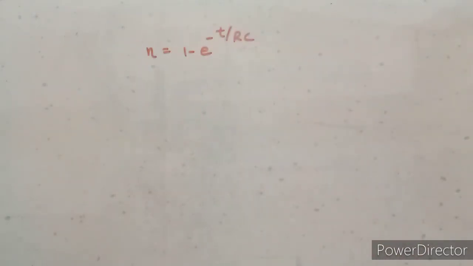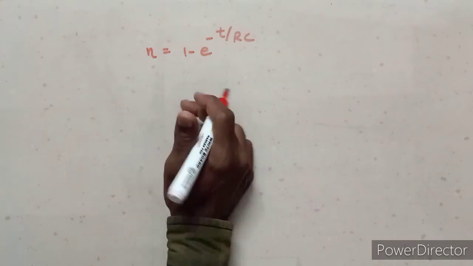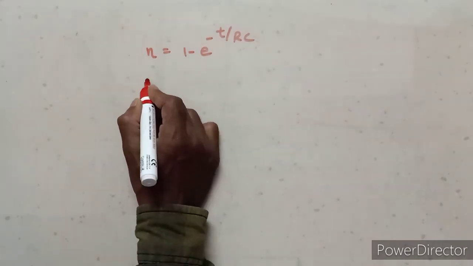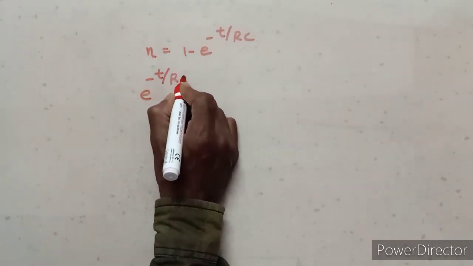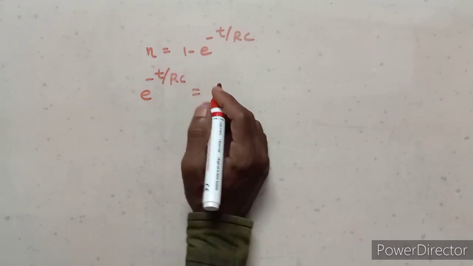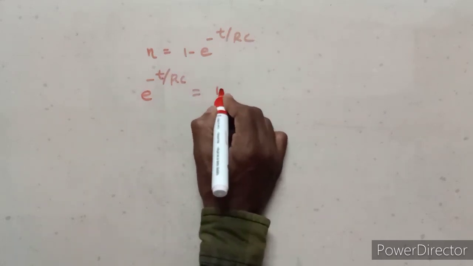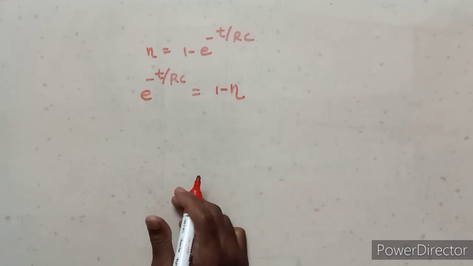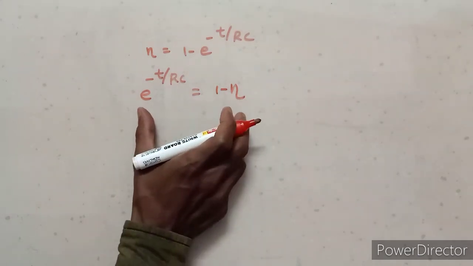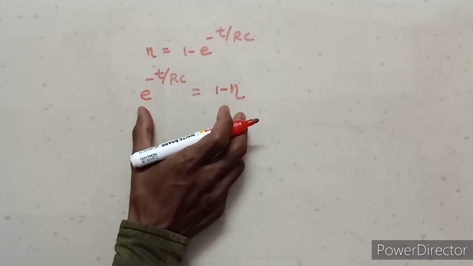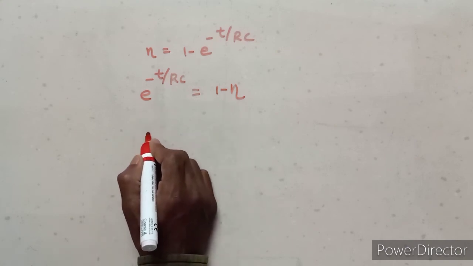Then this equation can be written as e to the power of minus t upon RC equals 1 minus eta.